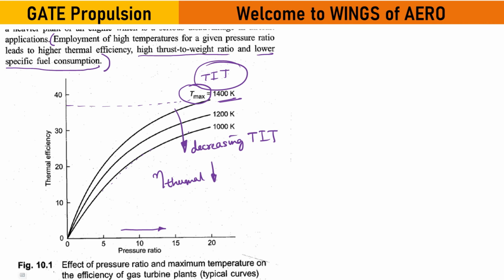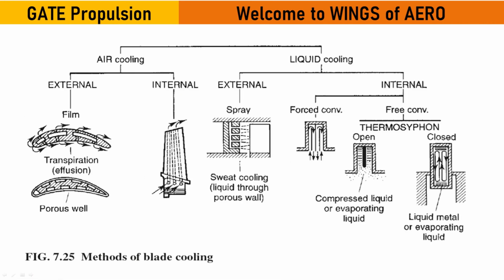Yes, ma'am. Okay, then comes cooling. Here in the turbine, another important concern you have to take care of is cooling. Basically there are two types of cooling, one external, another internal. The cooling methods can be air cooling or spraying some amount of agents which will help to cool the blade.